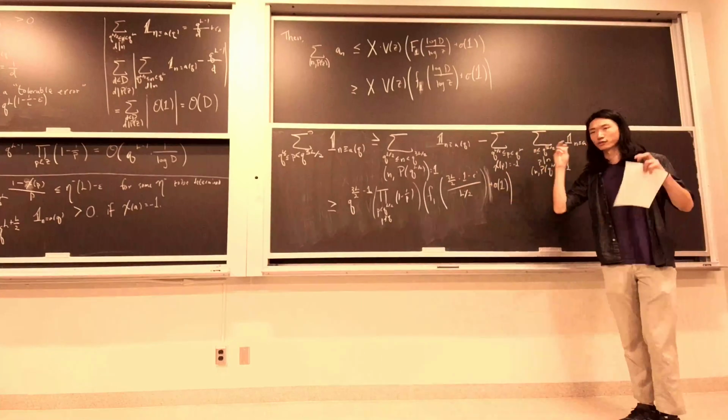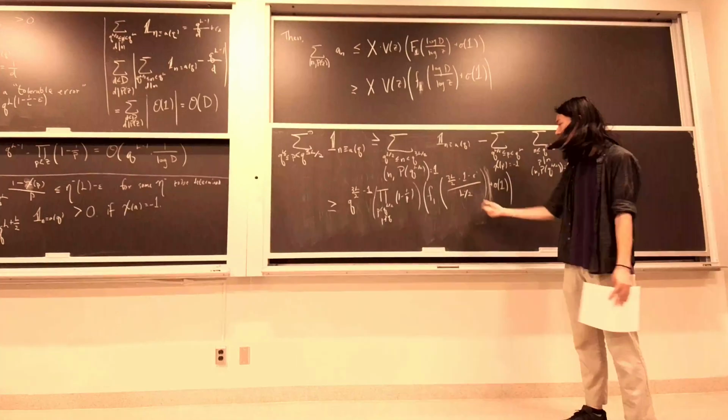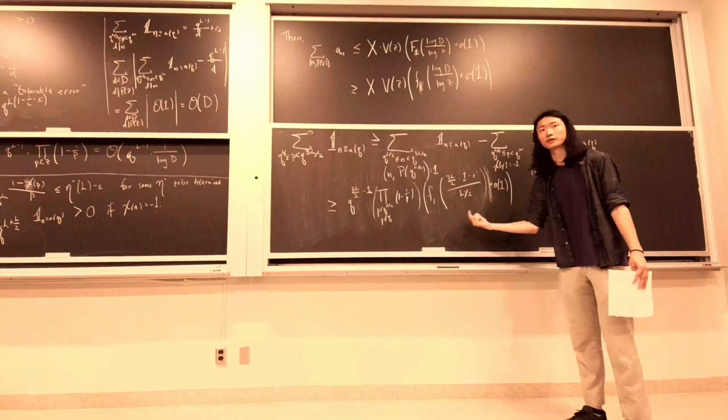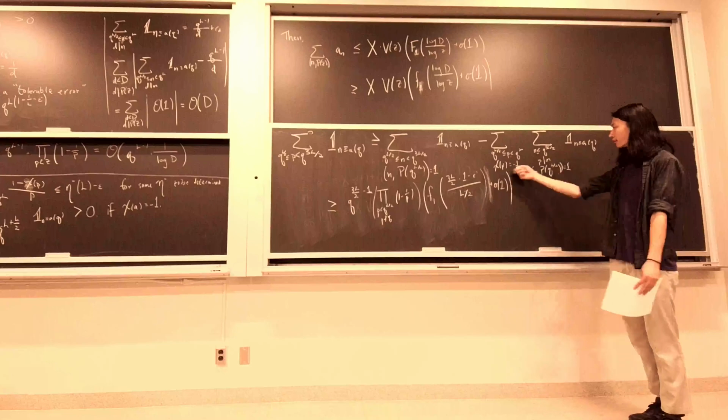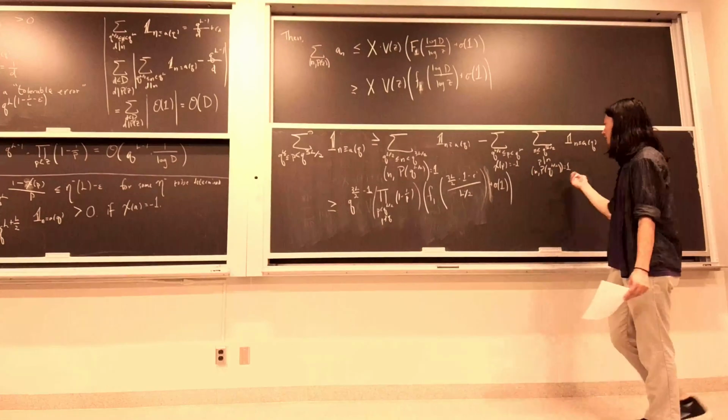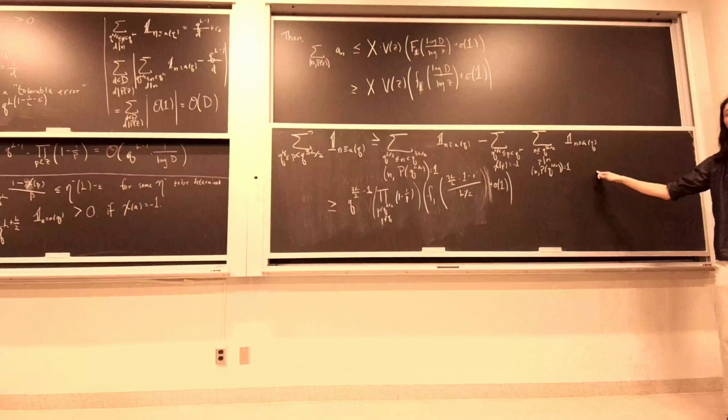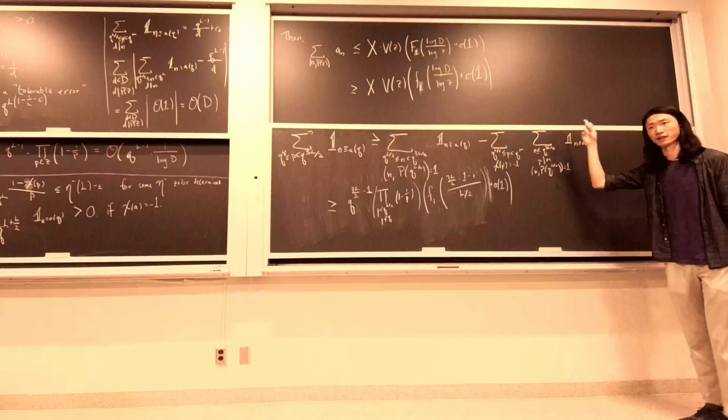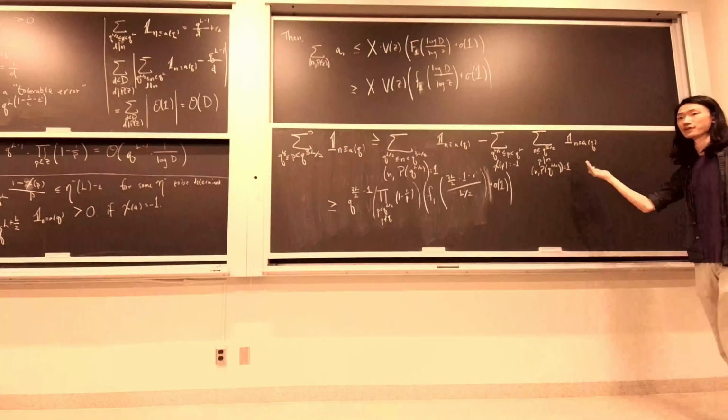So this is our quote-unquote main term. This will be positive because, again, this guy is big enough. We can beat the trivial lower bound. And hopefully we have not subtracted off too many things here. This one I can again estimate using the sieve bound, using the great black box, because it's still a sifted sequence.